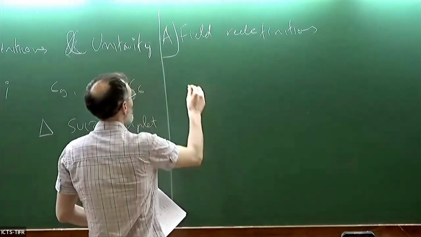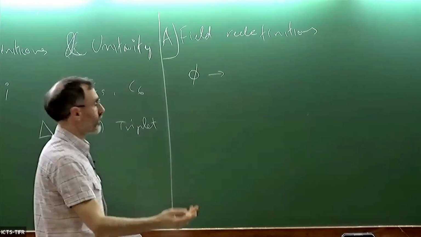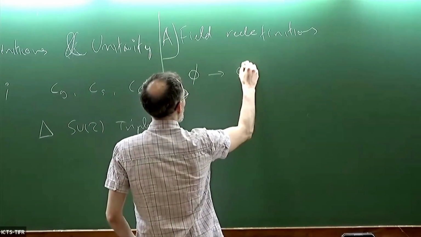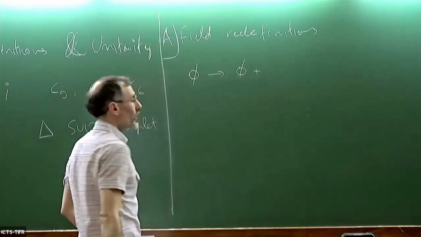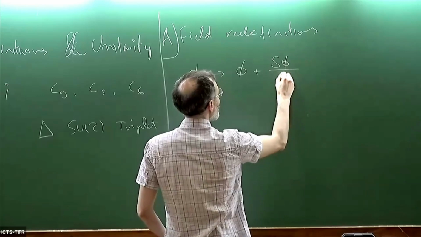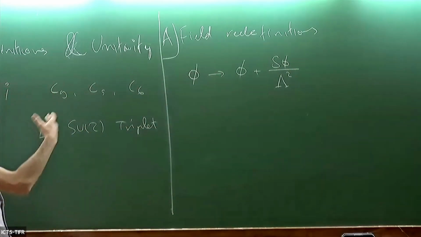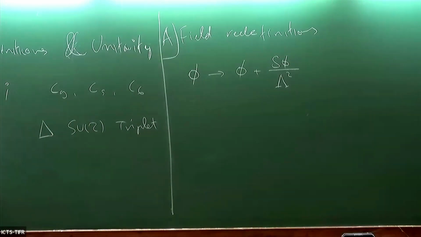And the statement is, if I do a variation of phi going to phi plus a deviation, delta phi, the difference now is we're in an EFT, and that variation itself is going to be in an expansion in 1/Lambda^2.